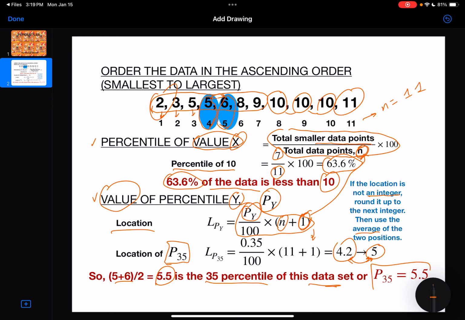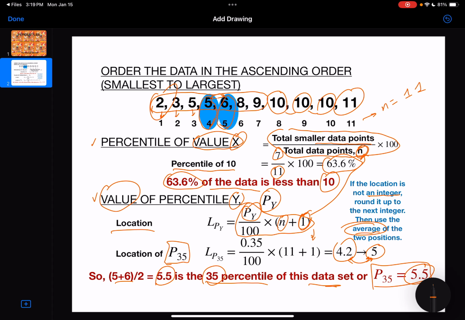Again, we are using the average method in order to find this value. So this means about 35% of the data set falls below the value 5.5.